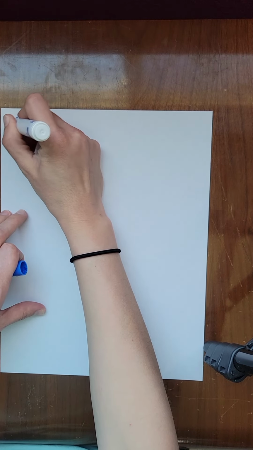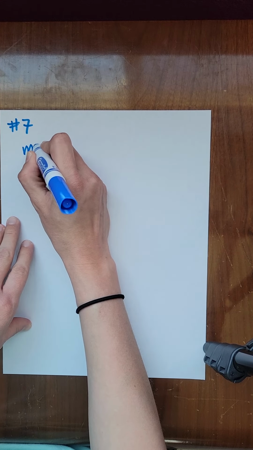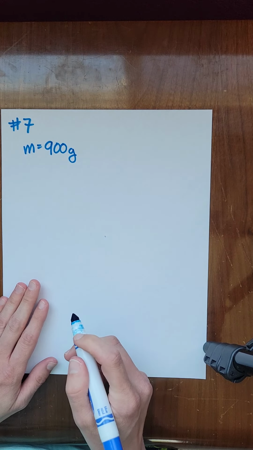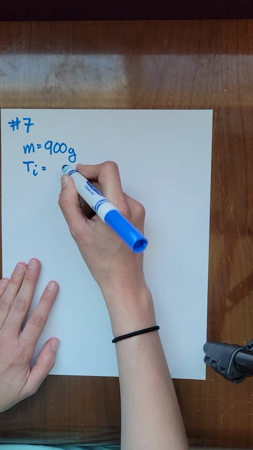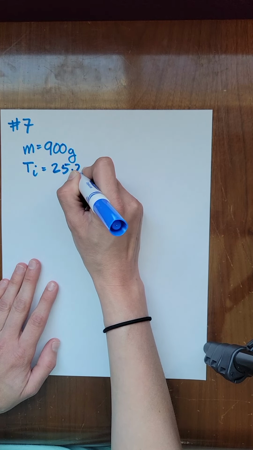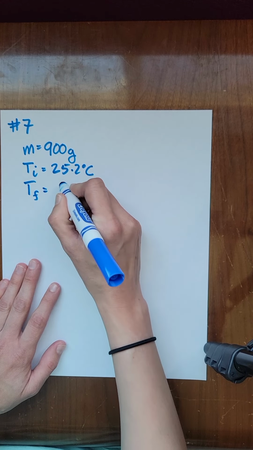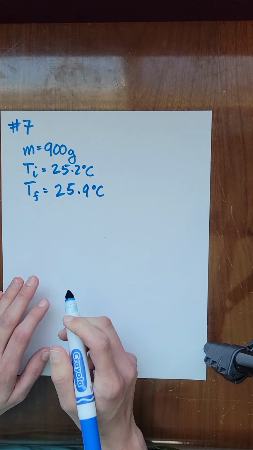So I heard you guys also were having trouble with number 7 on the practice test. Number 7 says metal is heated and placed in 900 grams of water. The water changes from an initial temperature of 25.2 degrees Celsius to your final temperature, 25.9 degrees Celsius.